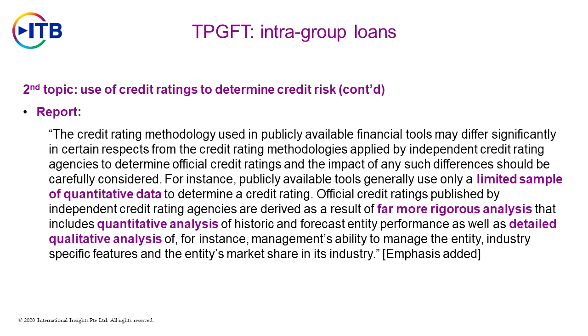One cautionary comment is this: the credit rating methodology used in publicly available financial tools may differ significantly in certain respects from the credit rating methodologies applied by independent credit rating agencies to determine official credit ratings, and the impact of any such differences should be carefully considered.